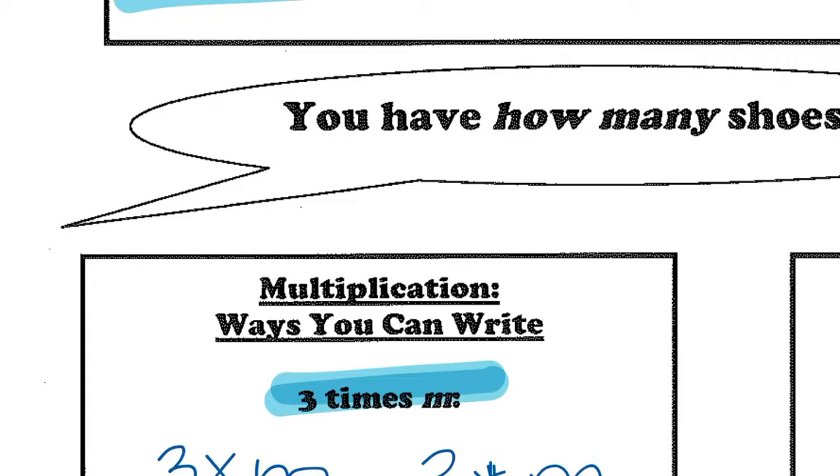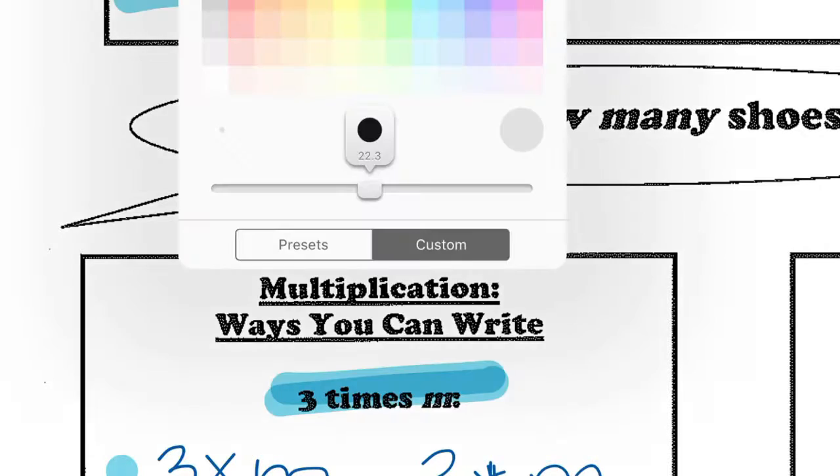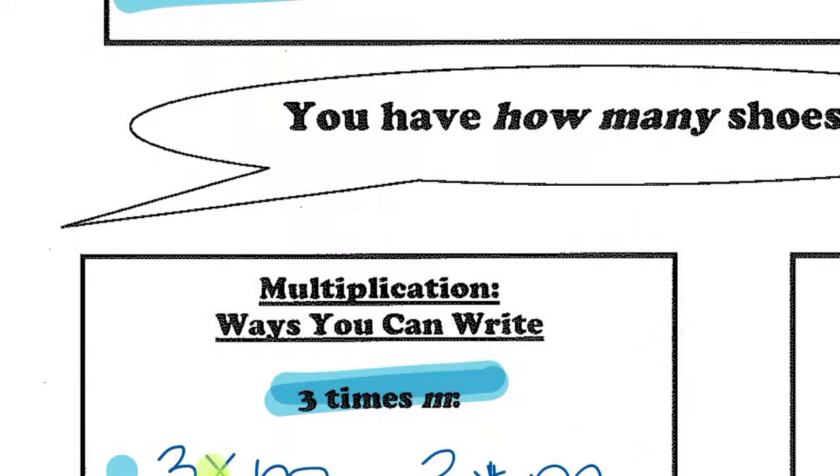The m is the variable in this situation. The most preferred way is to actually write it like this. It all means the same thing, but that multiplication sign almost looks like a variable, right? It looks like the letter x, so we don't really like using that one. This one is fine with the dot.